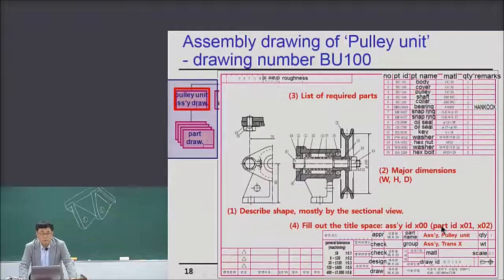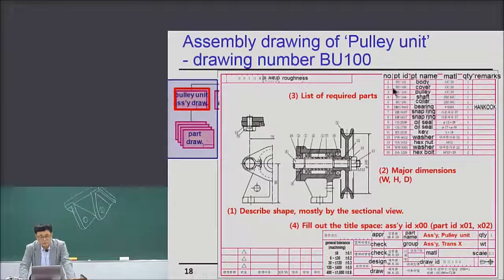Then the part drawing which belong to this assembly drawing, the part ID is assigned as BU 101, BU 102, BU 103, BU 104, BU 105.